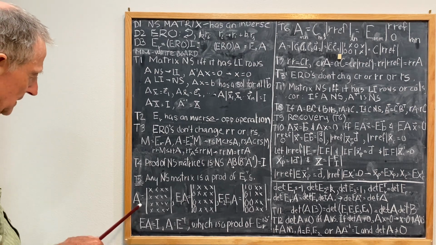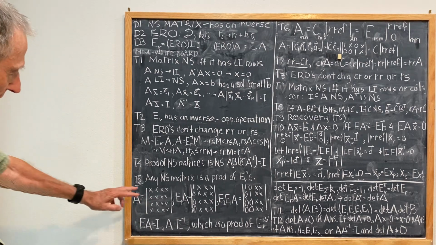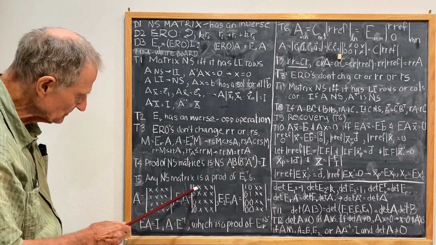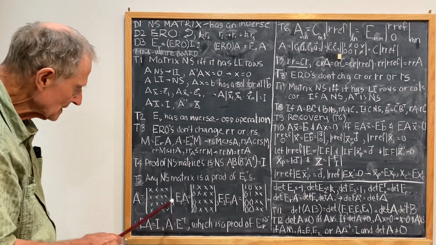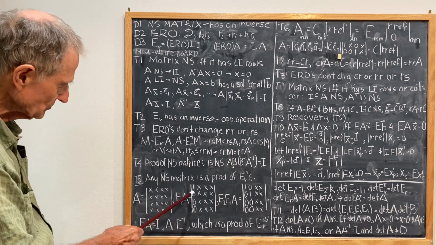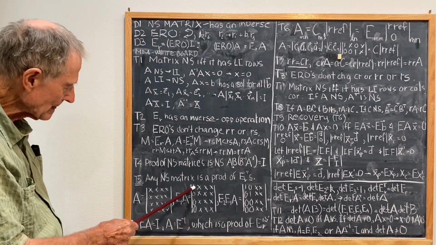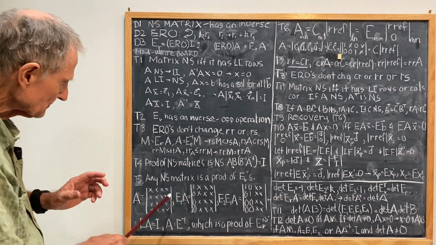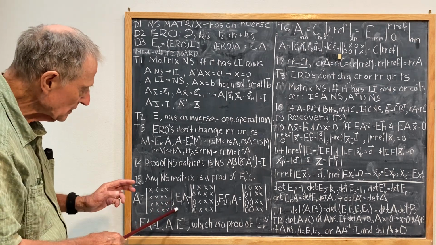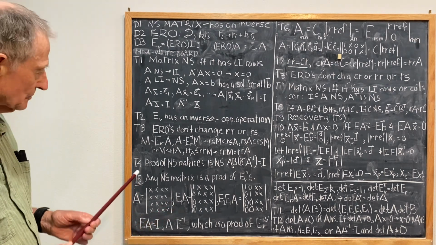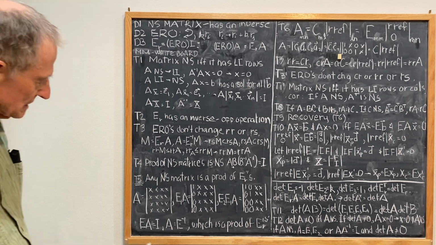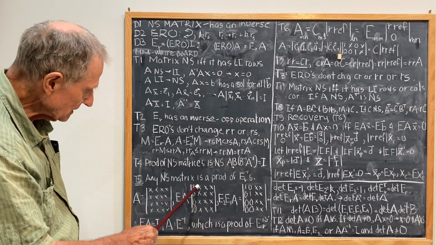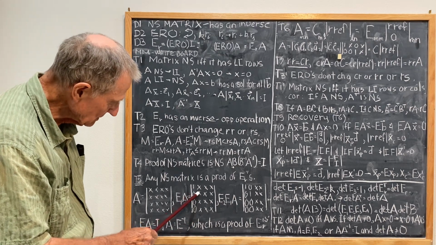So if I have A equal to this, then because A is non-singular, the first column can't consist of all zeros. So by elementary row operations, I can change the first column to 1, 0, 0, 0. Now, and this is an important point, since E1 and A are non-singular, their product is non-singular, which means the second column here can't be all zeros or just an X up here and 0 here.